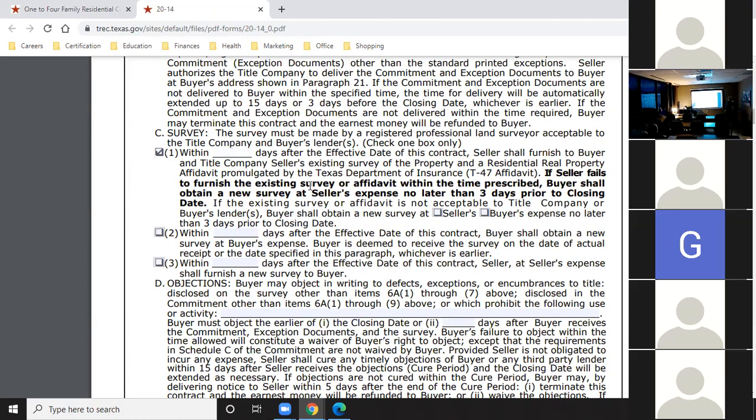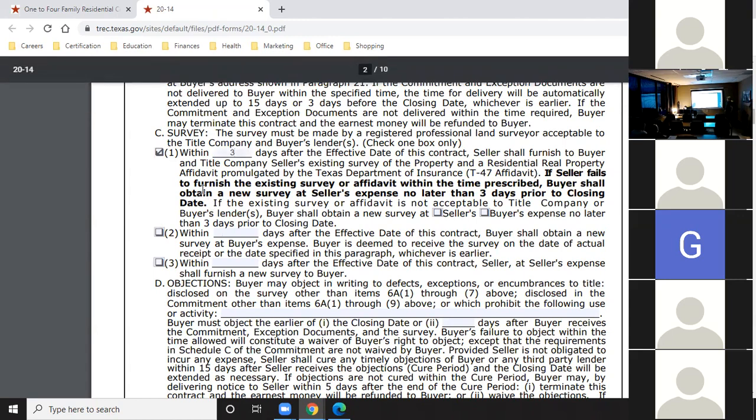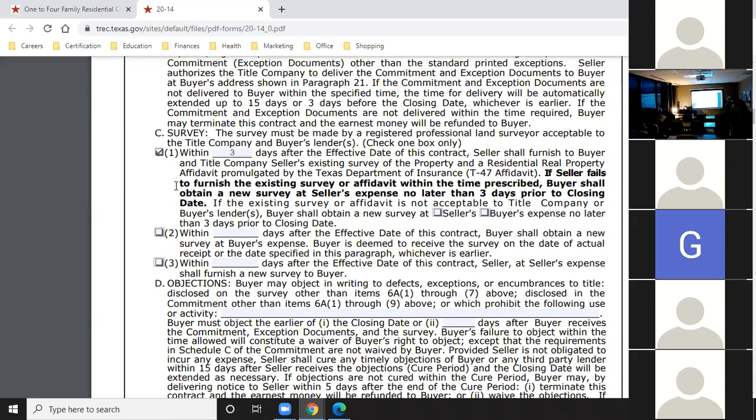I want to say 3. I agree. So we have somebody that says 3. Do y'all agree? Anyone else? I agree. Colton agrees. All right.